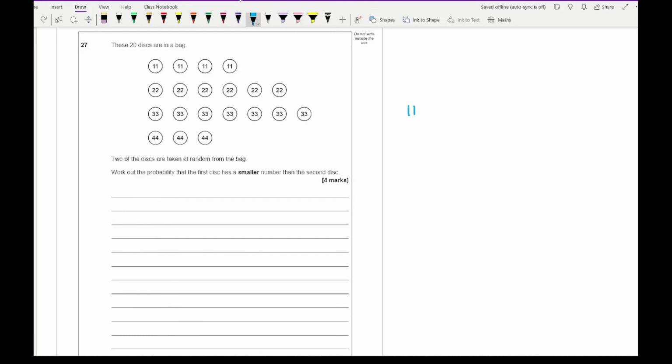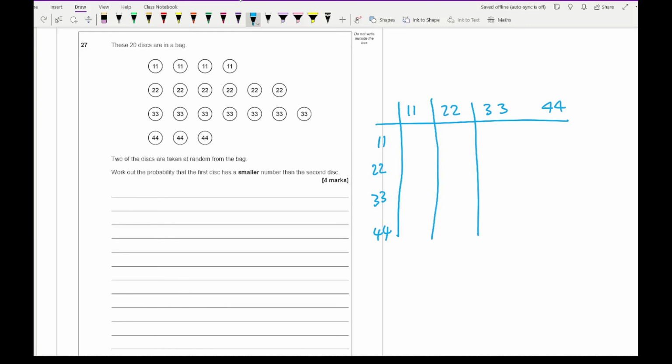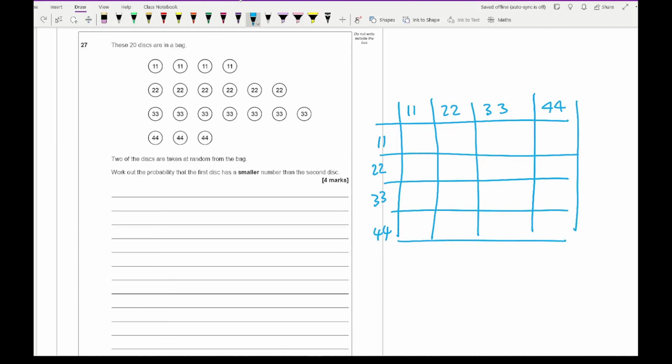So if we start by having 11, 22, 33 and 44, and we've got 11, 22, 33 and 44, and I just rather bodily draw this grid, this is the first choice, and this is the second choice.